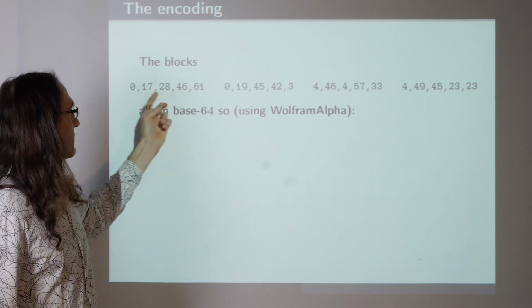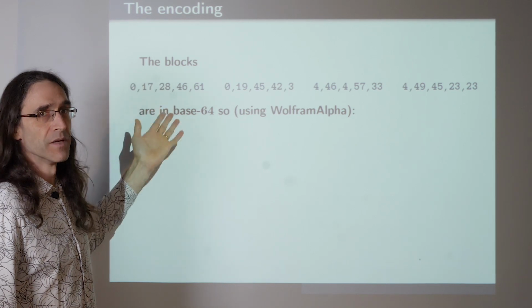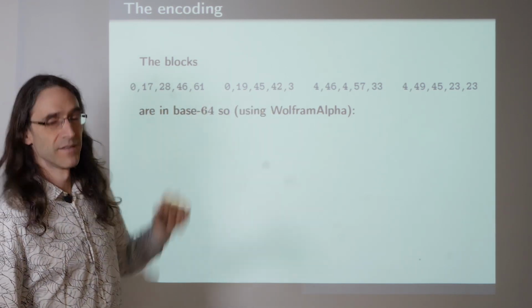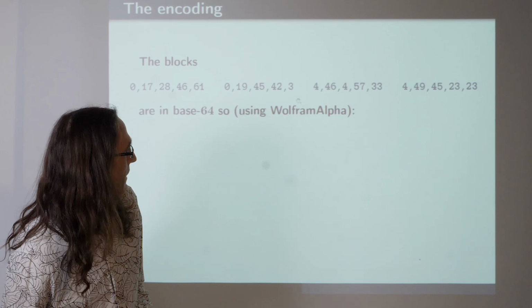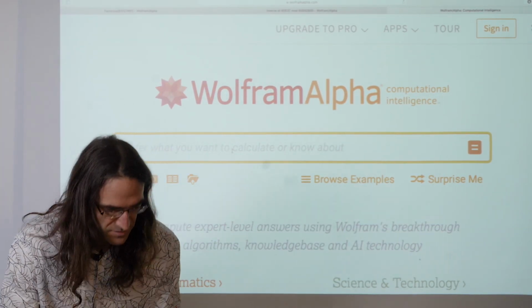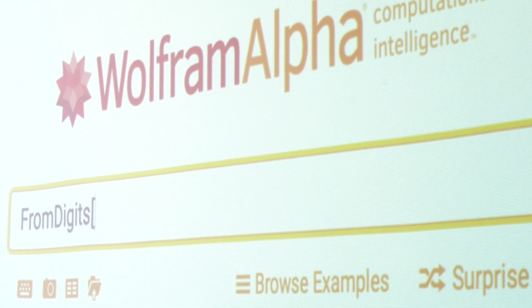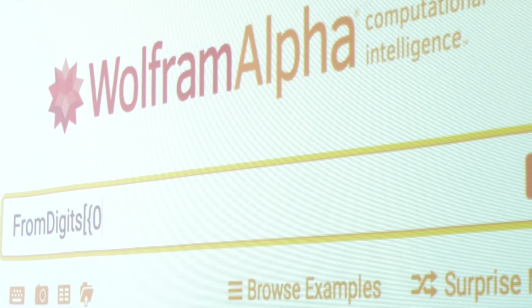So to convert them from just a string of numbers into a decimal number, remembering this is in base 64, the easiest way is again to use Wolfram Alpha. There is a nice command to do this. It's called FromDigits. And so we put in the digits that we had.